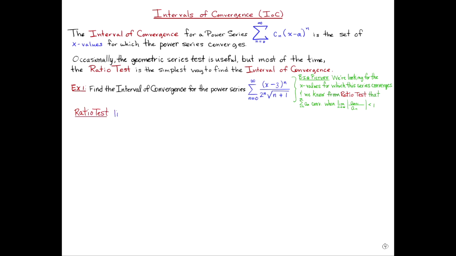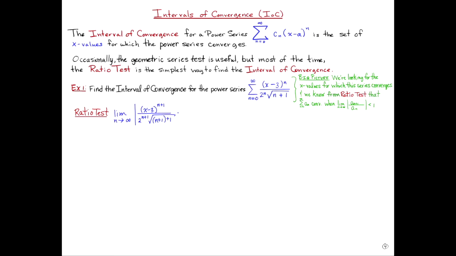The limit as n approaches infinity of the absolute value of a sub n plus 1. Plugging in n plus 1 everywhere we see an n into our series, we have x minus 3 raised to the n plus 1 over 2 to the n plus 1 times the square root of n plus 1 plus 1.